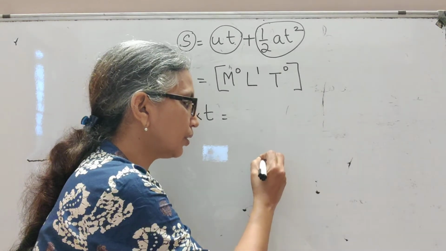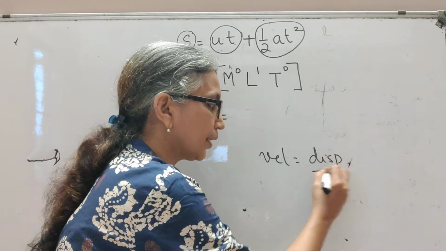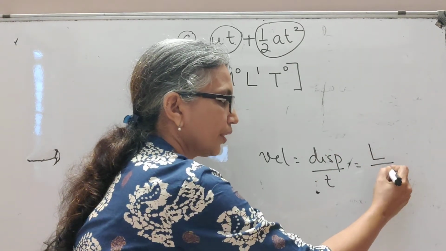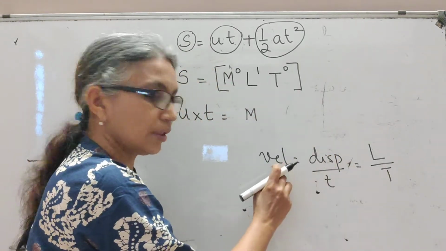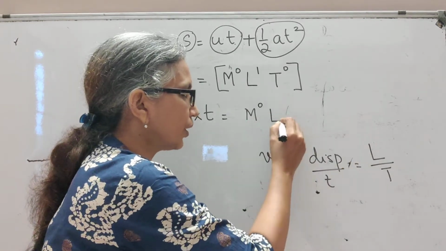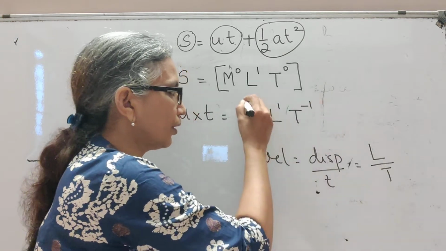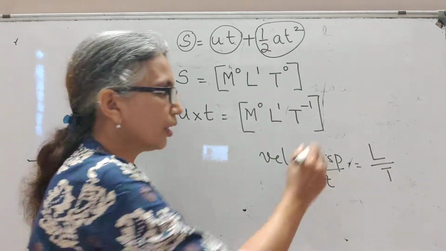I hope you remember the dimensions for velocity. Velocity is displacement by time, so length divided by time. M does not appear in the formula for velocity, so M⁰, L is in the numerator, raised to 1, T in the denominator, raised to minus 1. So this is your dimensional formula for velocity.